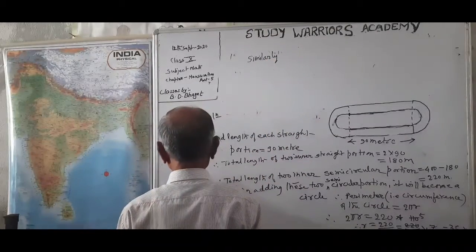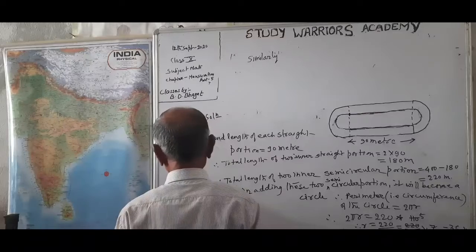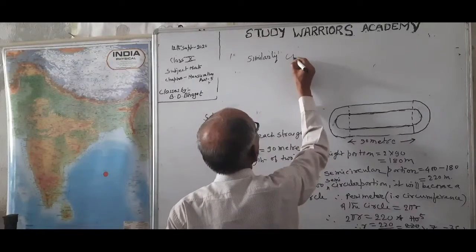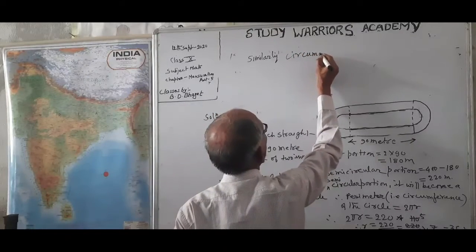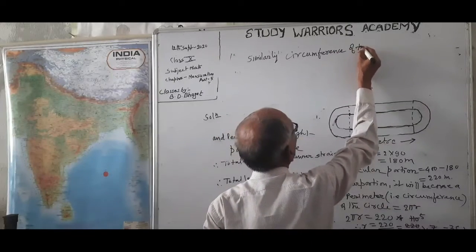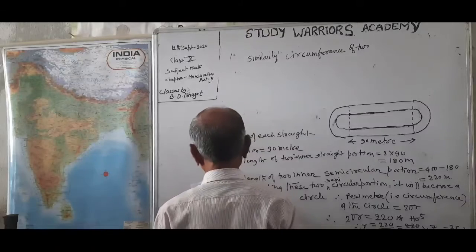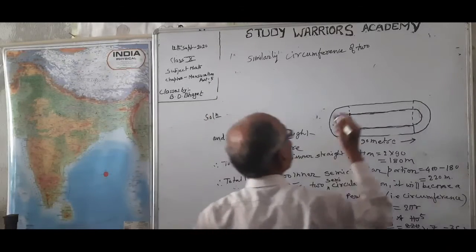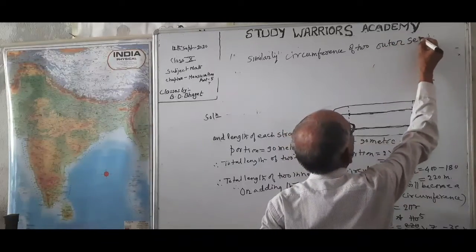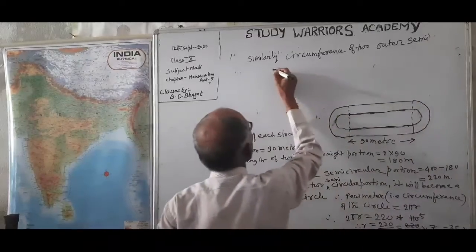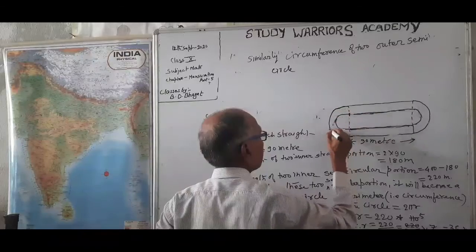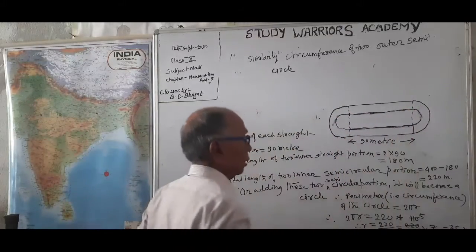Similarly, the circumference of the two outer semicircles means this curved portion and this curved portion.